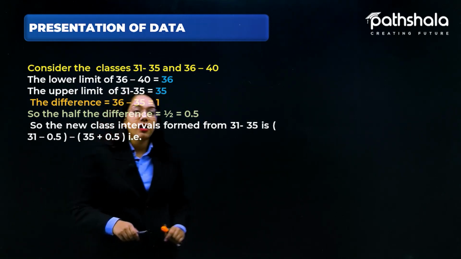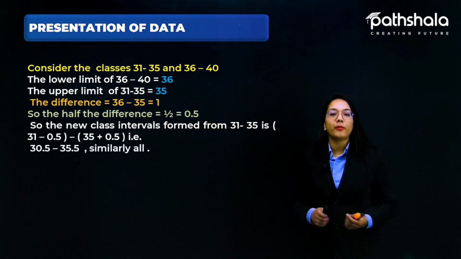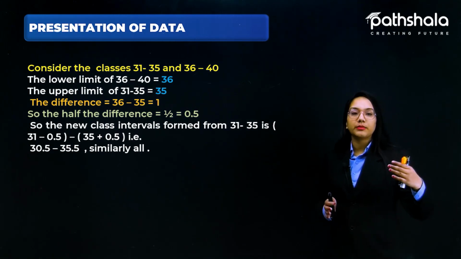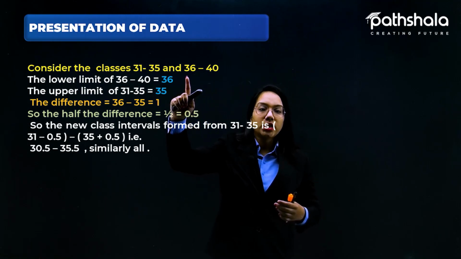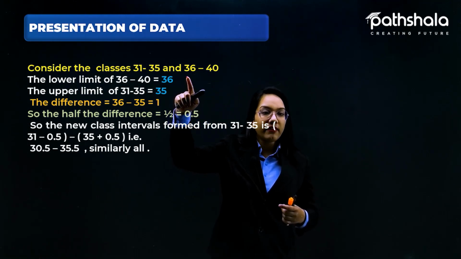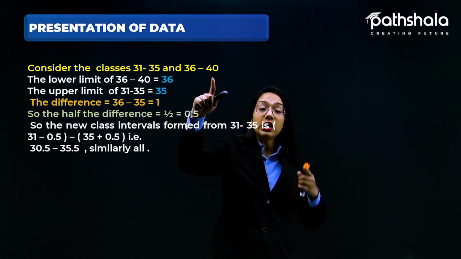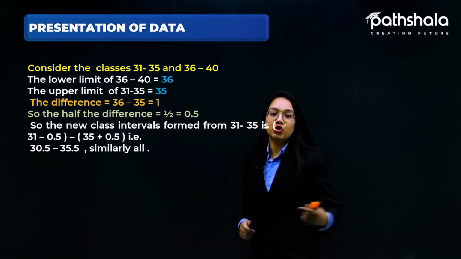So you can see the class interval formed is 30.5 to 35.5, and moving on to the second class, it is 36 minus 0.5 and 40 plus 0.5. This gives 35.5 to 40.5, and so on.